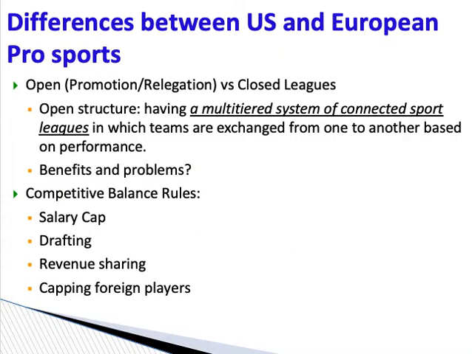One strategy that has been utilized in Europe but not in the US is capping foreign players. In order to let more young local players play in the professional sports league in their home country, there are restrictions on how many foreign players each team can have.